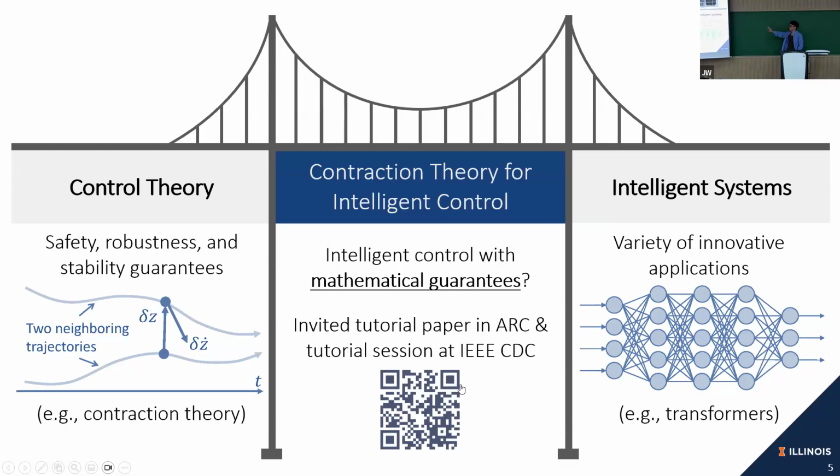So how can we connect these two fields so that intelligent systems will be equipped with formal mathematical guarantees? One systematic way of doing this can be contraction theory, but it's just one of them.